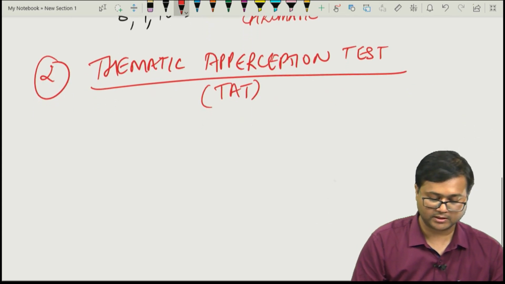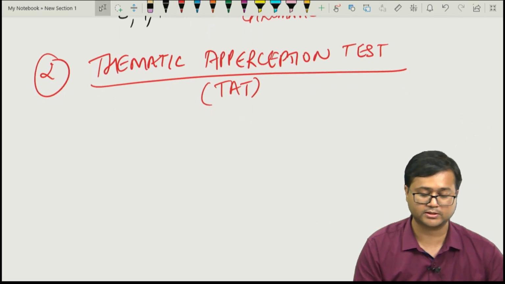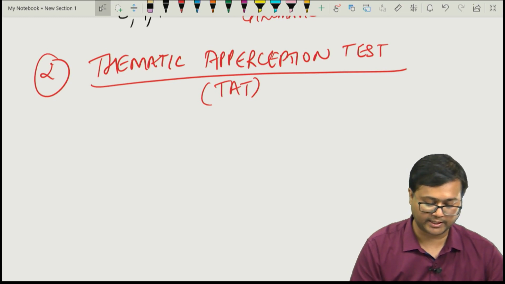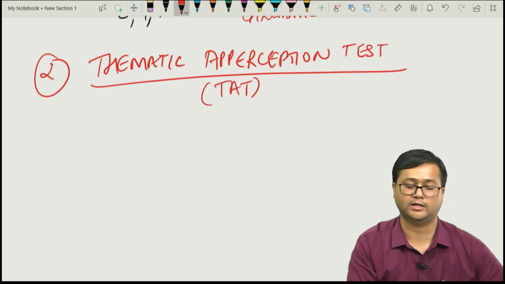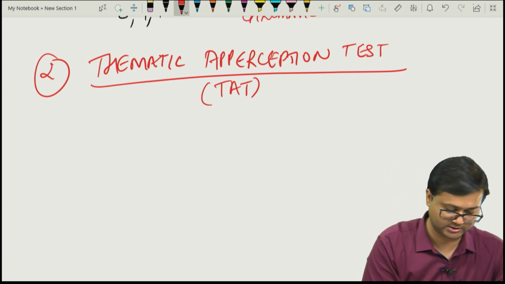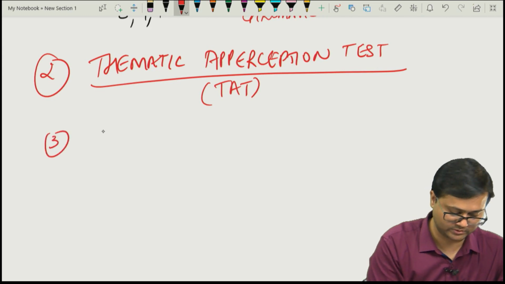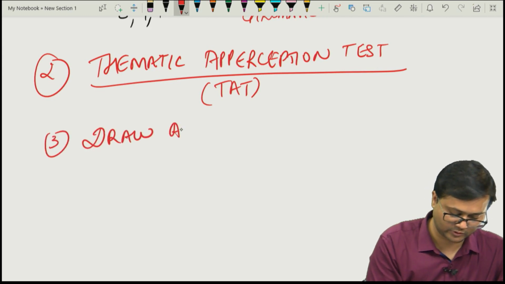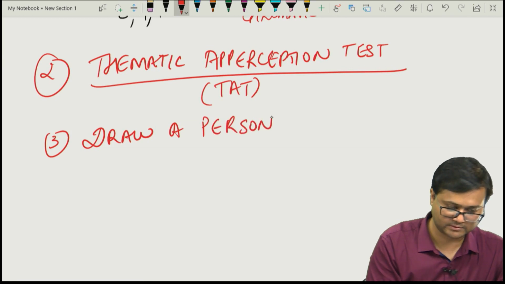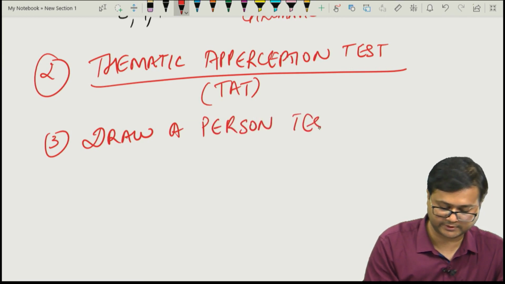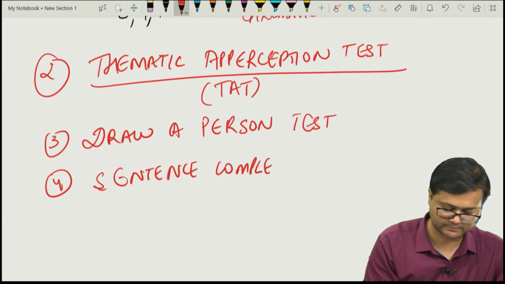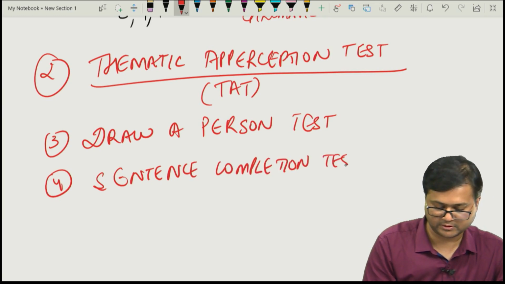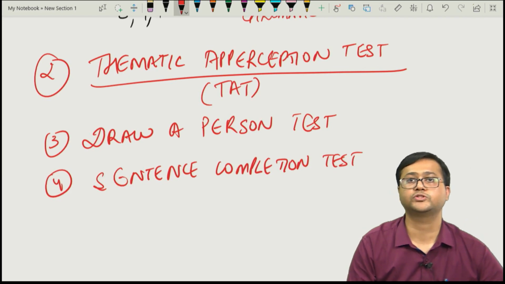In this test there are various pictures of some people on the cards, and the person is asked to build a story based on seeing the card. Other tests include the draw a person test, and fourth, the sentence completion test. So these are some of the important projective personality tests.